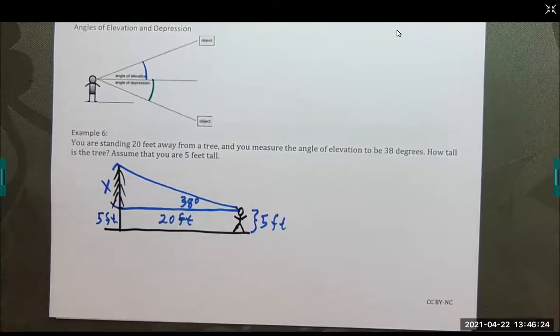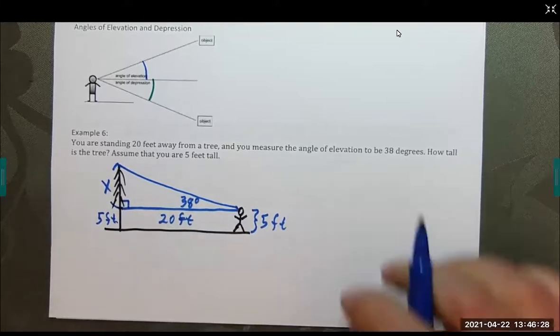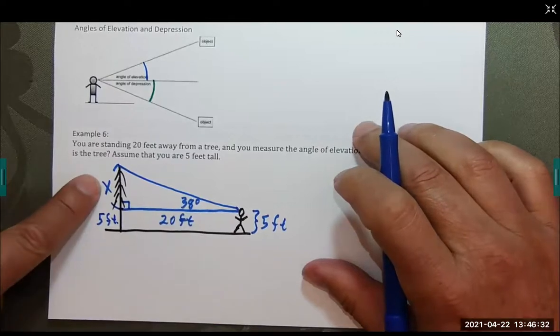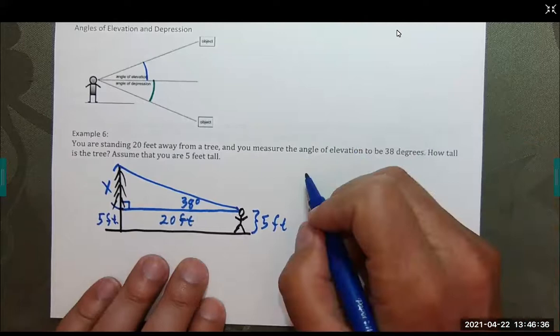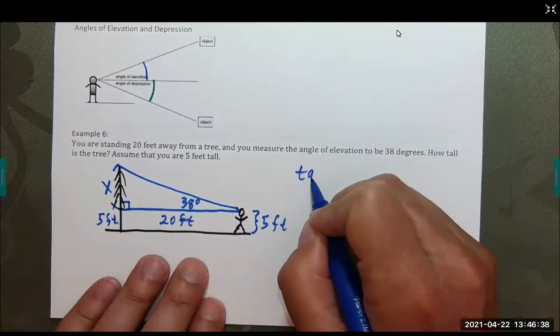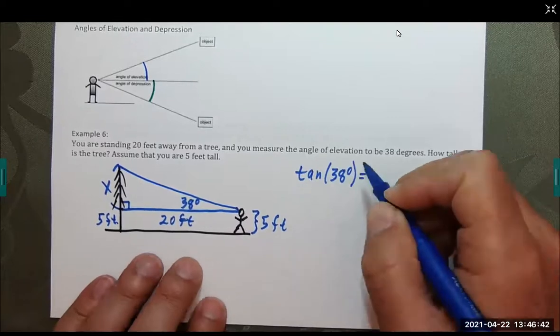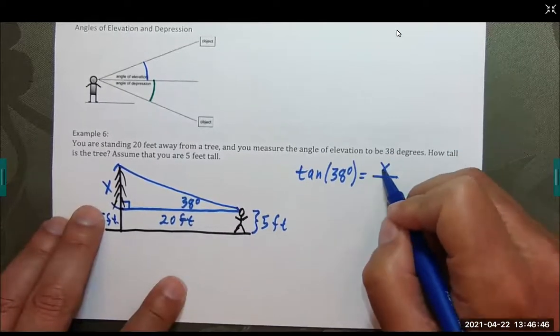However, I'm going to look at this right triangle here and use some trigonometry. I'm going to notice that relative to the 38 degrees, the opposite is X and the adjacent is 20. That's tangent. So the tangent of 38 degrees is the opposite, that's X, over the adjacent. In this case, that's 20.